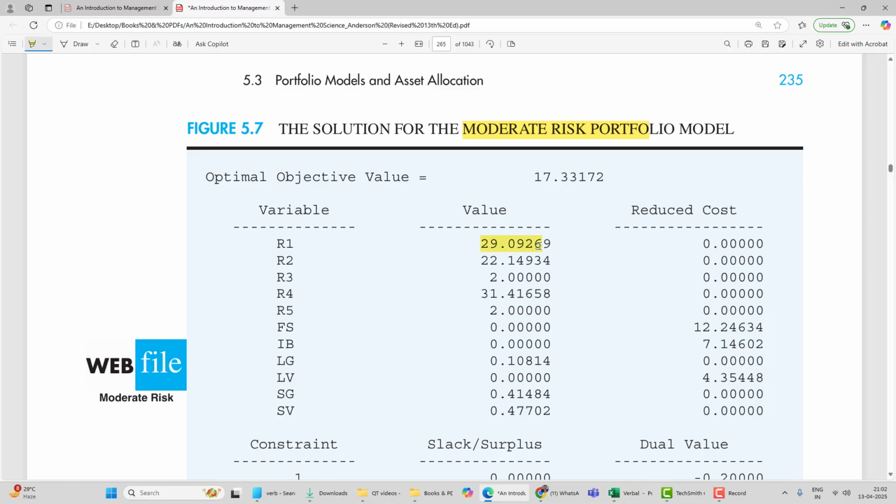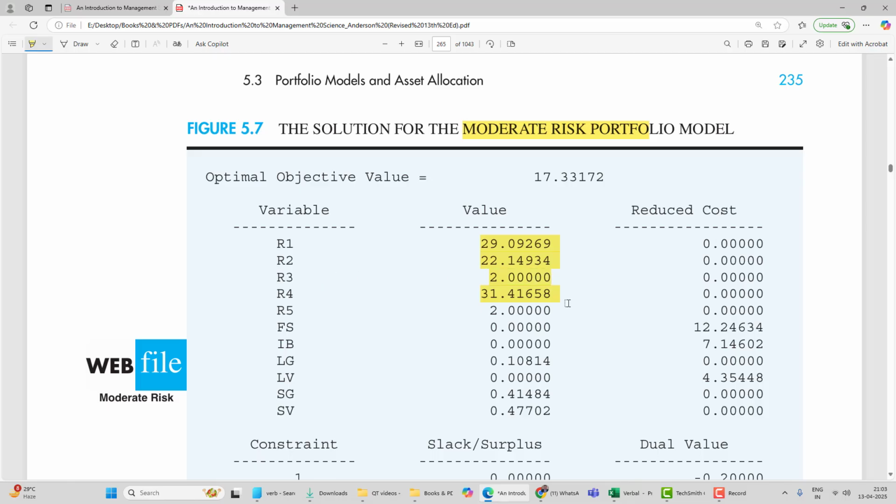You will see that if R1 happens, you will get 29% return. If R2 happens, you will get 22% return. If R3 happens, meaning the fourth scenario, you will get 31% return.